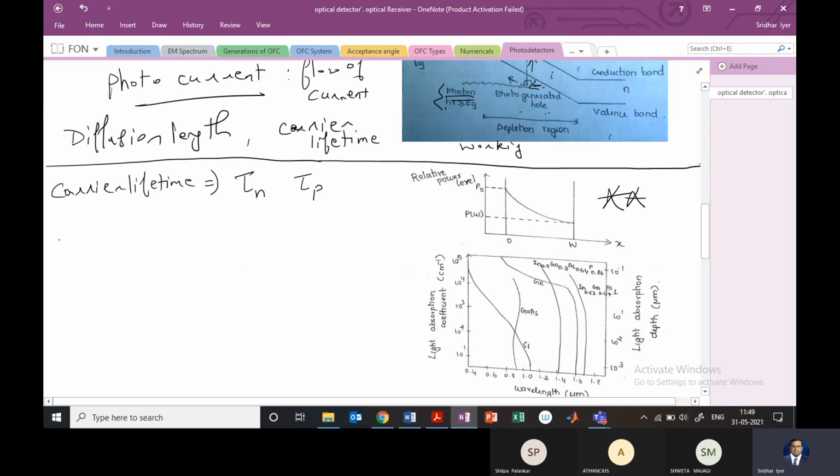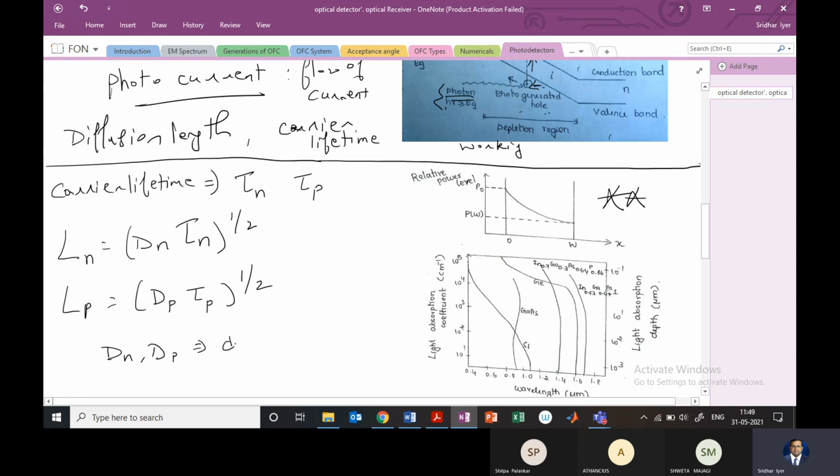The lifetime and diffusion length are related as follows: Ln, the diffusion length of the electrons, is given as (Dn tau n) raised to half, and Lp is similarly given as (Dp tau p) raised to half, where Dn and Dp are known as the diffusion coefficients of electrons and holes.